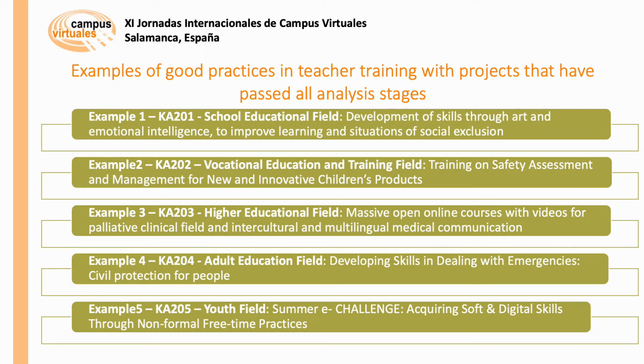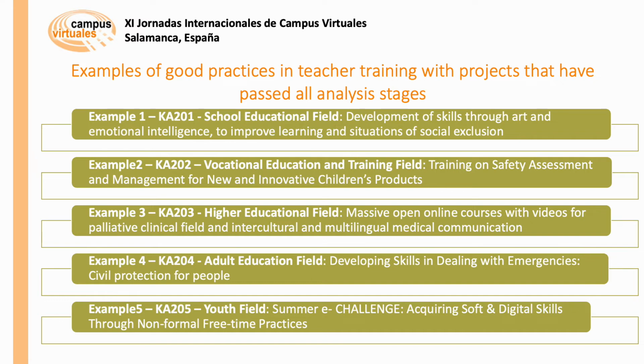Example 1, related to school education, worked on the development of schools through art and emotional intelligence, trying to reduce social exclusion and improve equity. Example 2, related to vocational education and training, involved training on subject assessment and management for new and innovative children's projects.